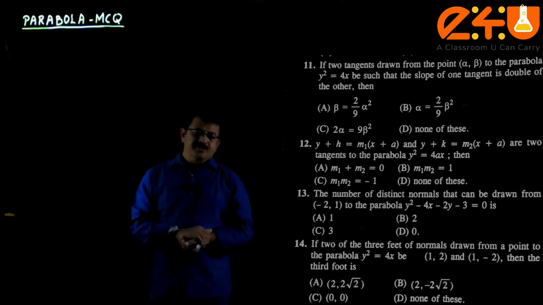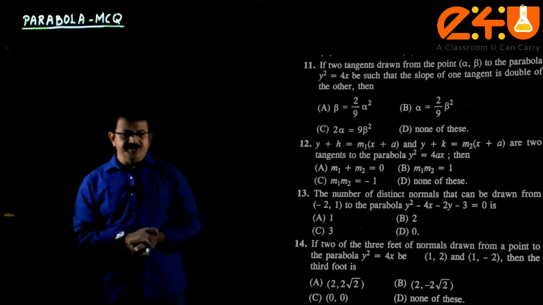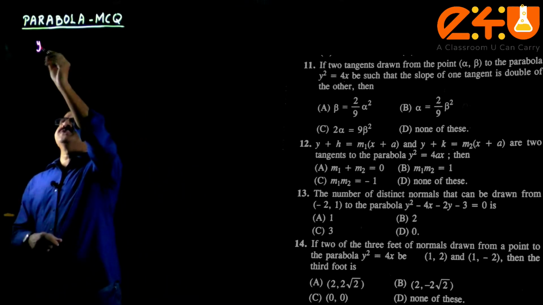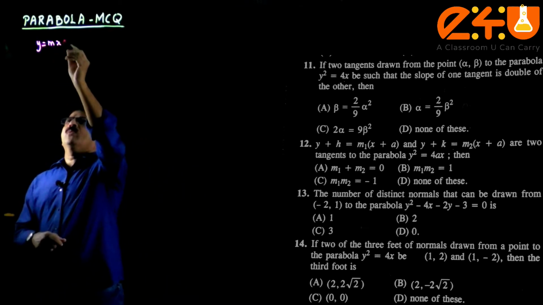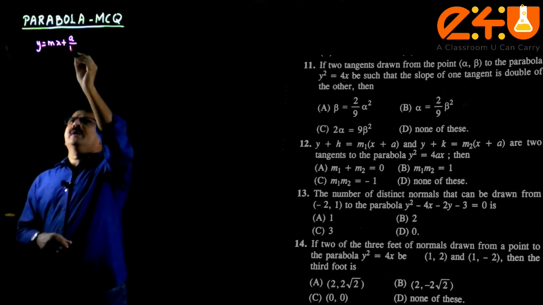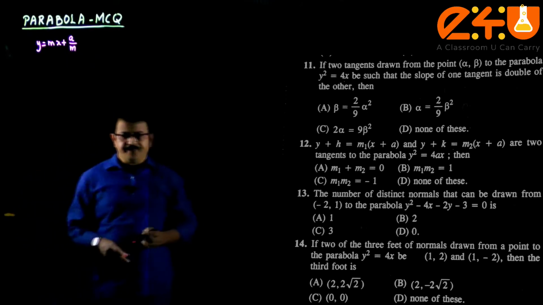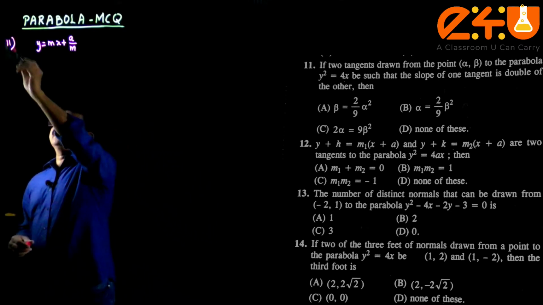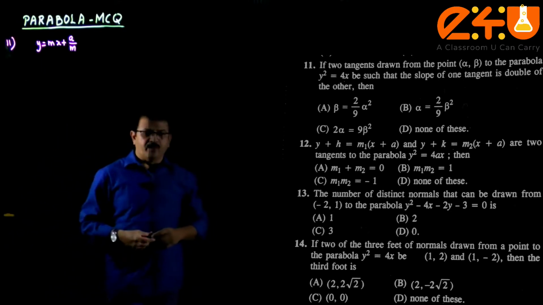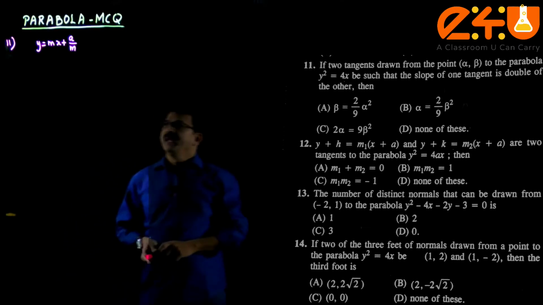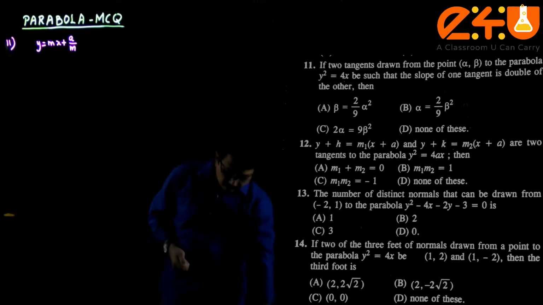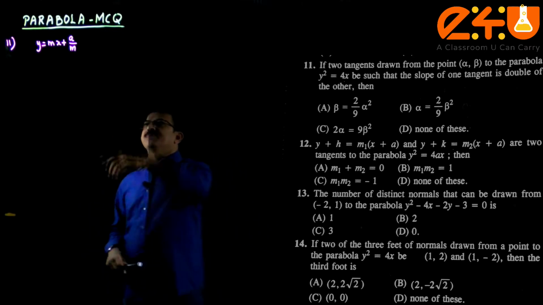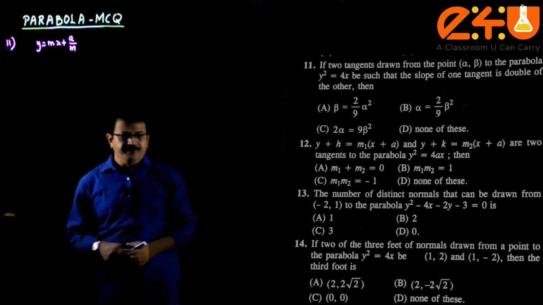When you draw in that manner, you have a condition of tangency for the line y equal to mx plus c. You know the condition already. The tangent line should be in the form y equal to mx plus a by m. In place of c I have substituted a by m.